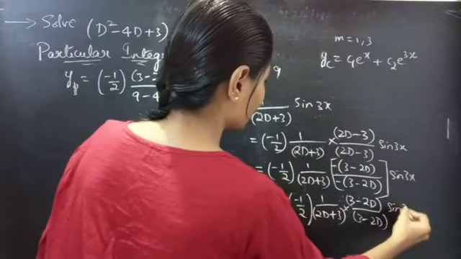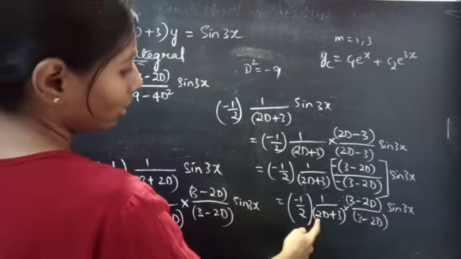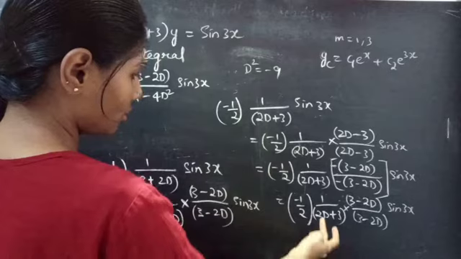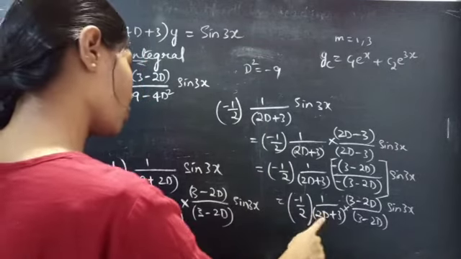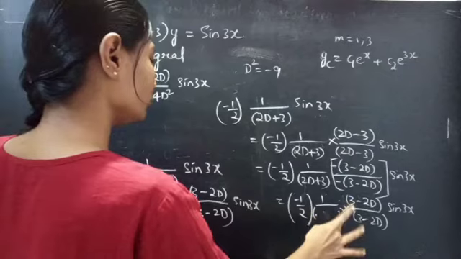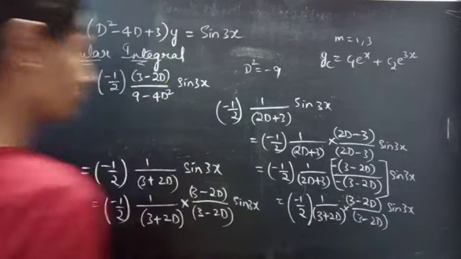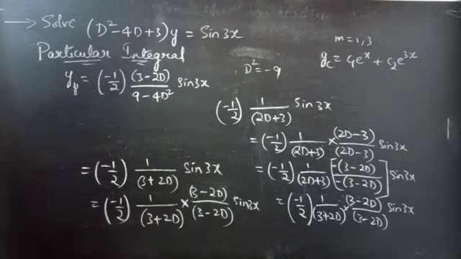Here you're having two positive terms, so you can write 2D plus 3 as 3 plus 2D also. So you'll get the same thing. Okay.